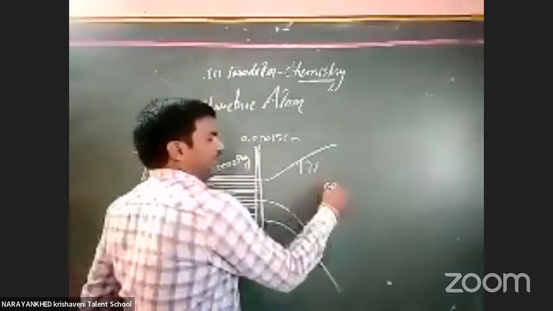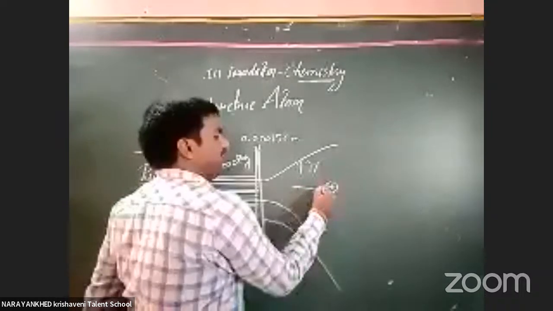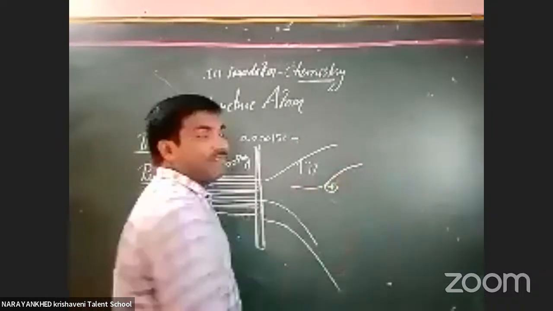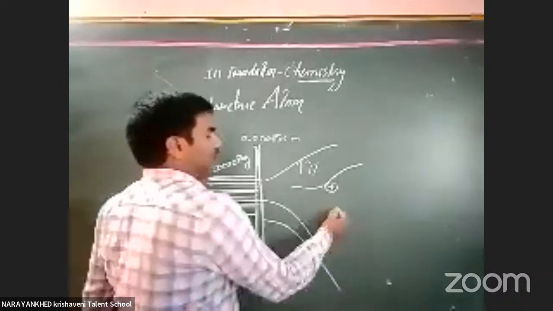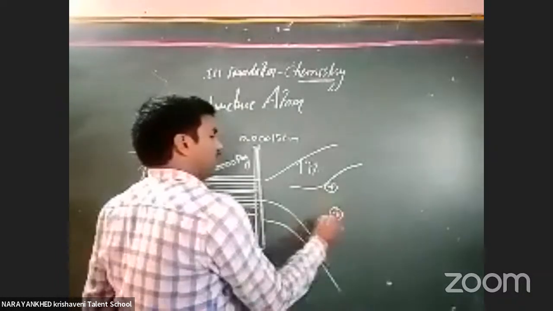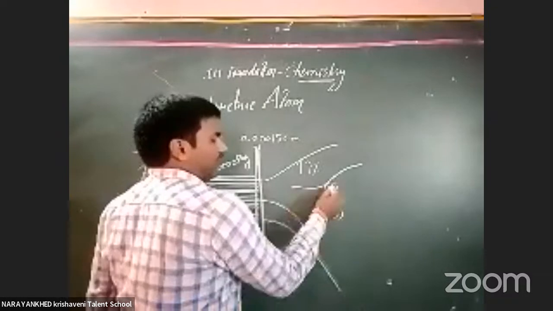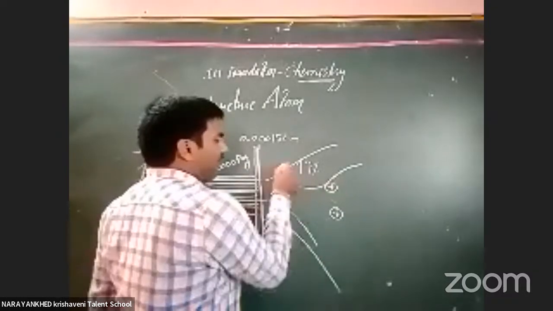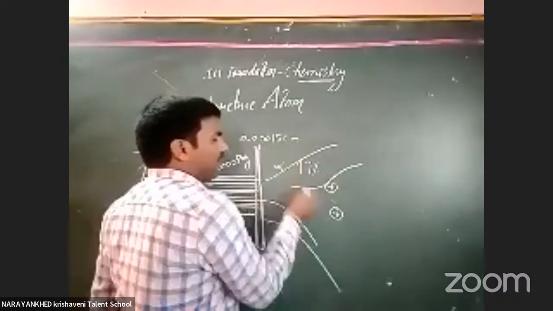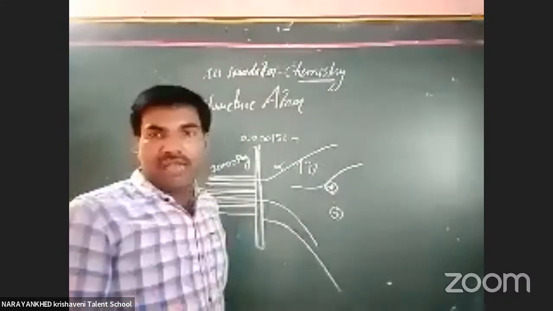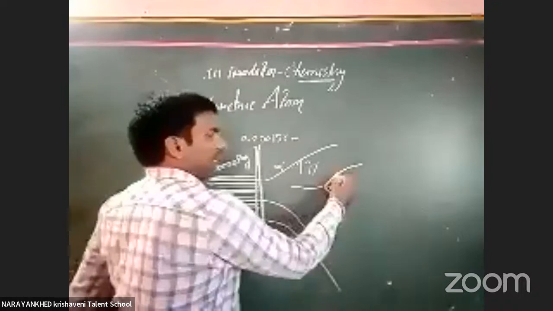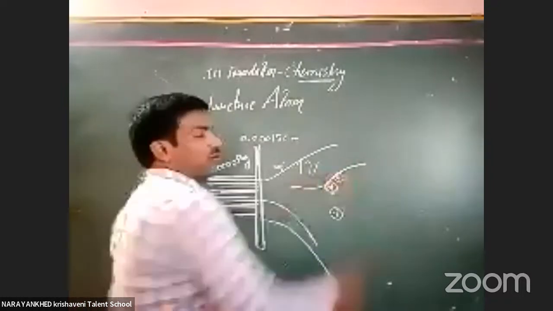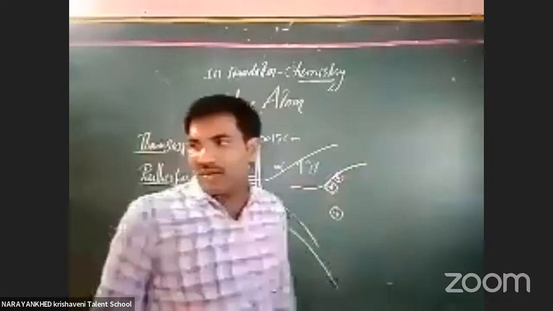Now, alpha rays are which particles? Alpha rays are positively charged particles, and they are attracted towards a negative charge, and afterwards they are deviated from their original path.